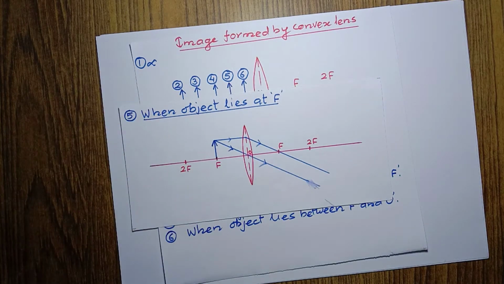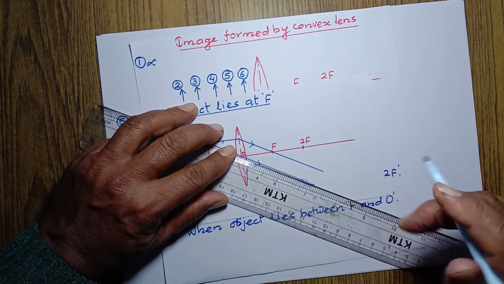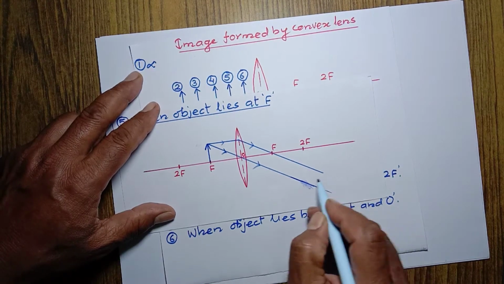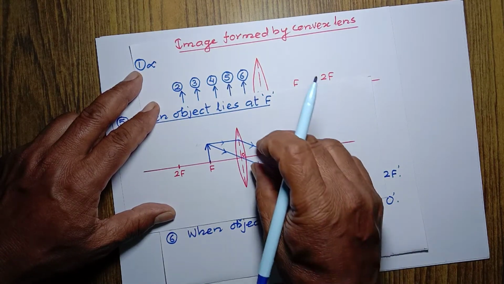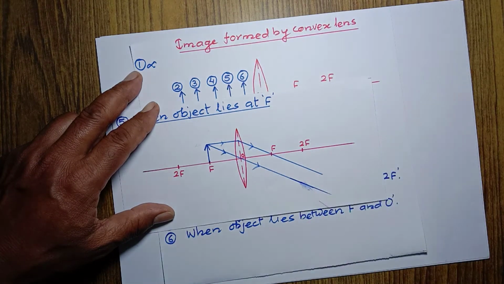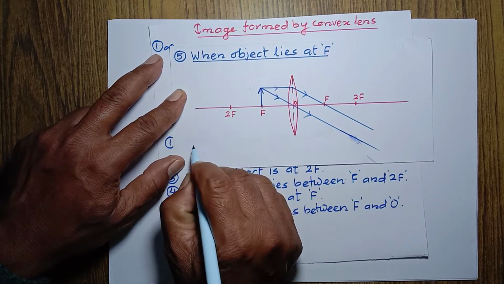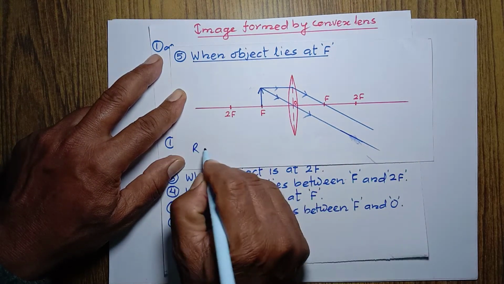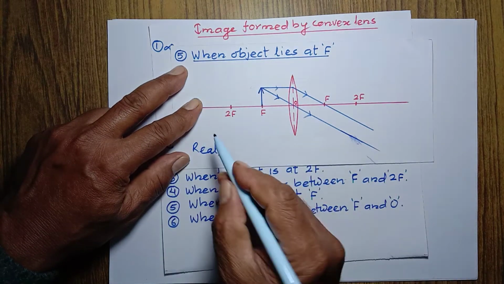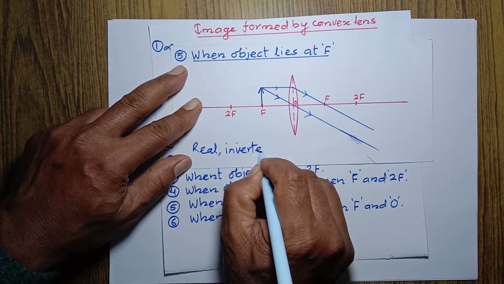Why are they not intersecting? They appear to be parallel with each other. Usually they appear to be parallel, but exactly they are not parallel to each other. When they are drawn for a long distance, then they will meet at infinity. That's why the image forms at infinity. And this image is also real, because really they meet at infinity. And the real image is inverted.